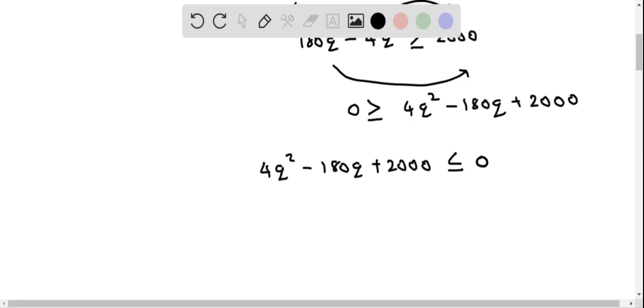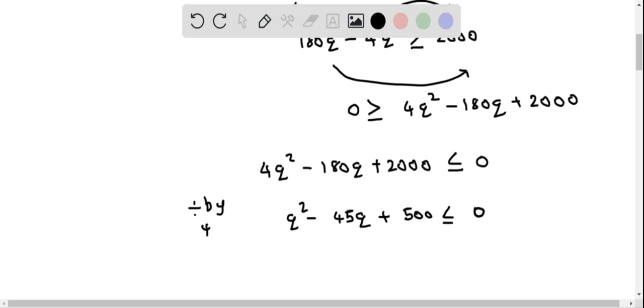Now we can factorize this, or we can divide all the terms by 4 to make this look like a simpler equation. So we divide completely by 4. When we do that, we get Q squared minus 180 divided by 4, which is 45Q, plus 2000 divided by 4, which is 500, less than or equal to 0 divided by 4, which is 0.